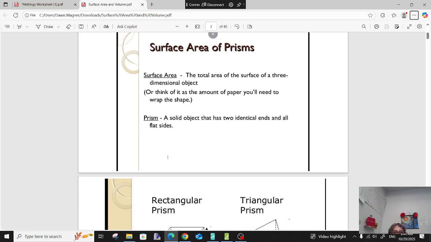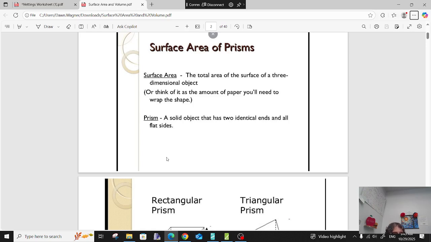A prism. You have to know these words. If you don't know these words, it's going to be very difficult for you to choose the correct formula. Most students struggle with choosing the correct formula, so be careful.